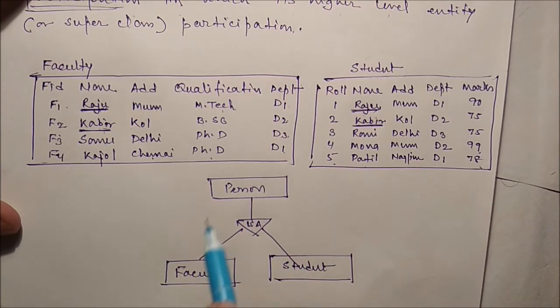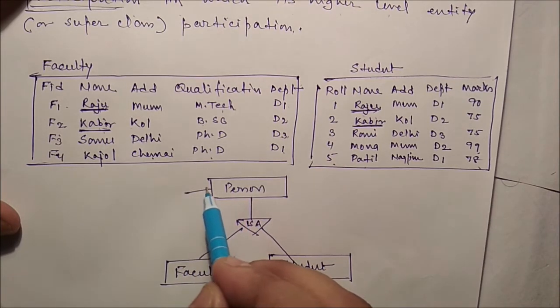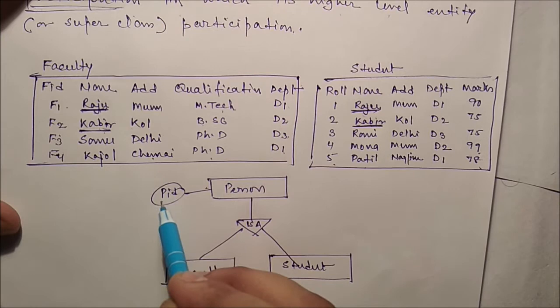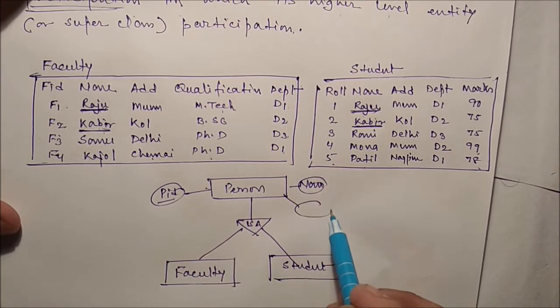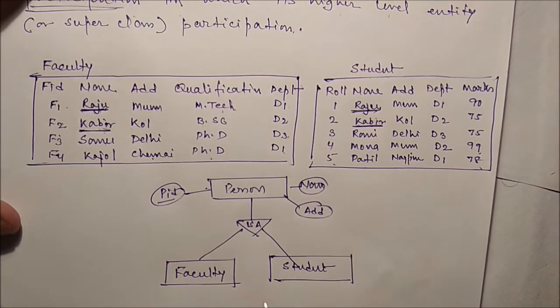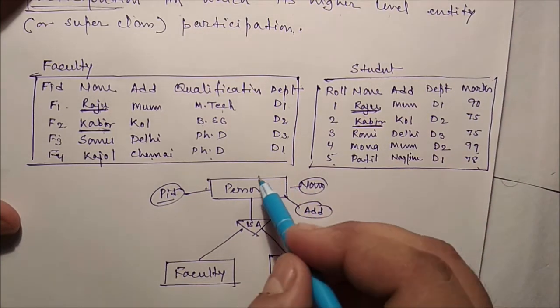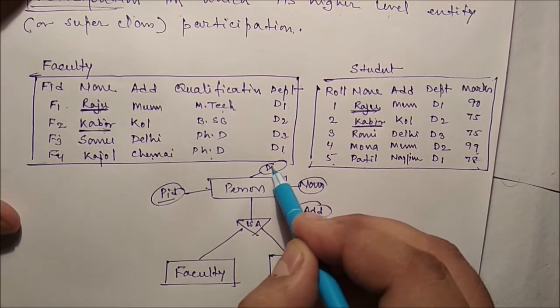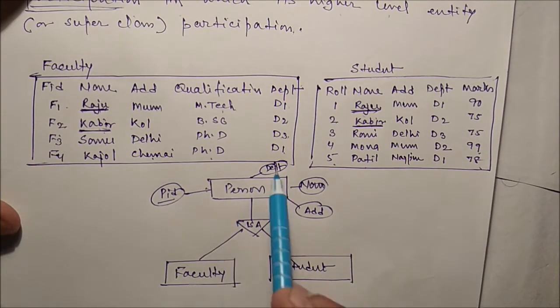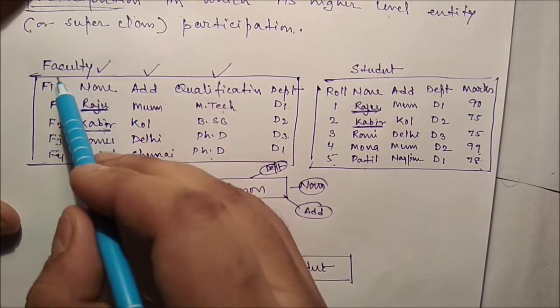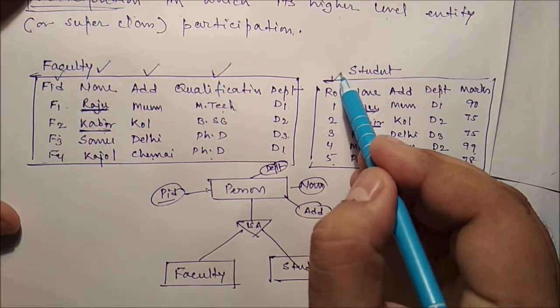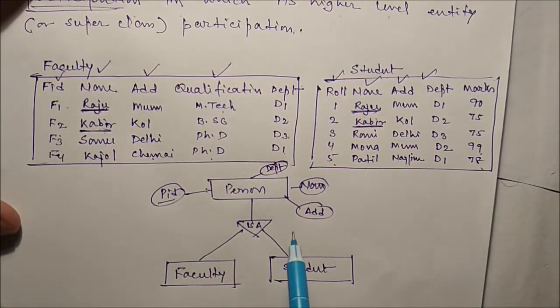Are you getting this one? Now here we can put the person ID as a primary key, name, address, as well as department. Department is also common for all. So four attributes are common. Are you getting this one?